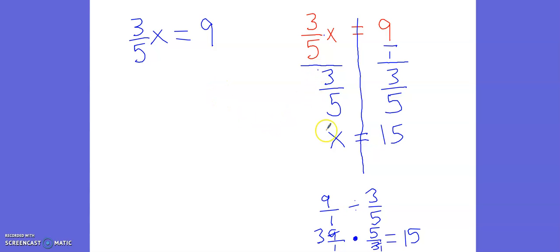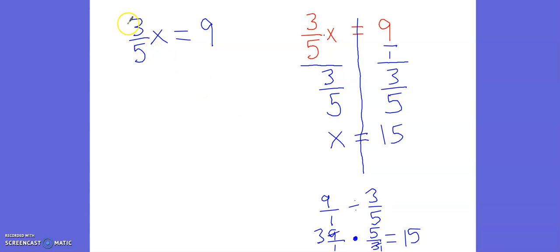Well, dividing by 3/5 is the same as multiplying by 5/3. So instead of going through this whole process of showing dividing by 3/5 and having these confusing fraction sandwiches, or fracwiches as I call them, they're actually called complex fractions.